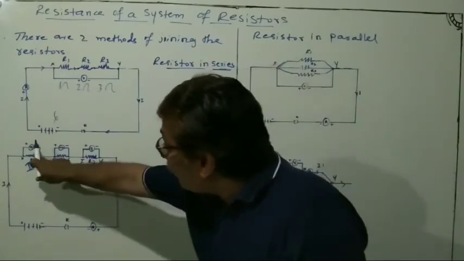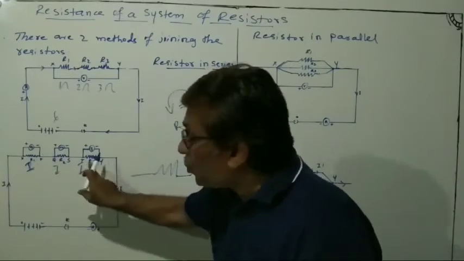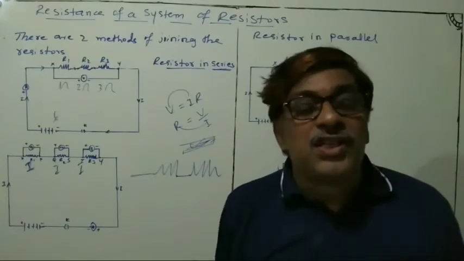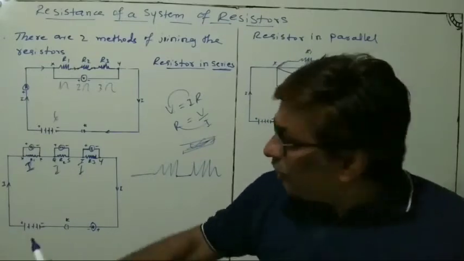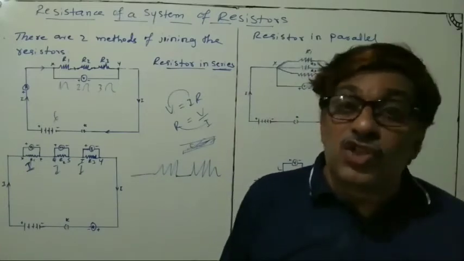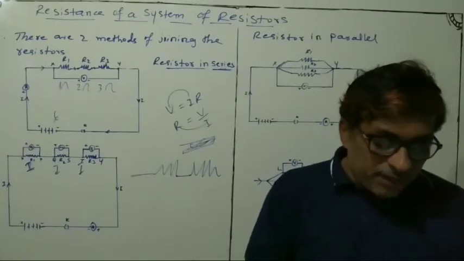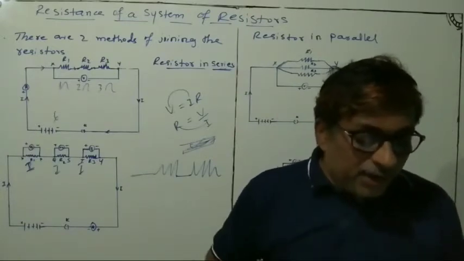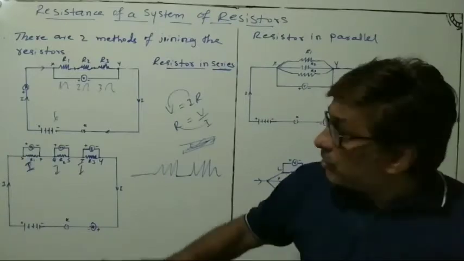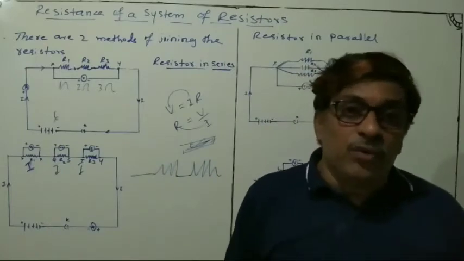But you see that the potential difference will be different, and the resistance will also be different. So what you are observing here is that the resistances are different, the current I is the same, but the potential difference will be different. The ammeter reading is for measuring the current.